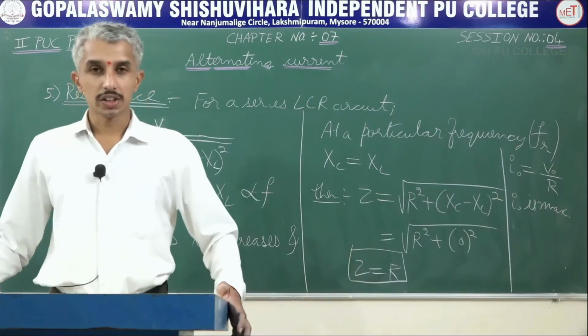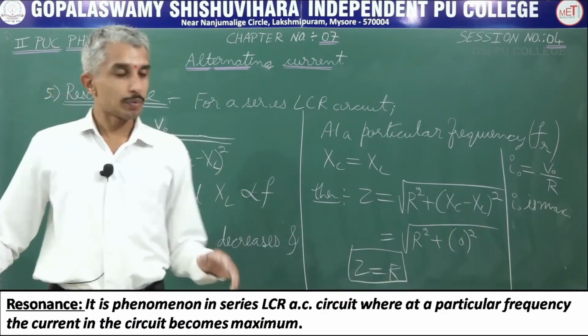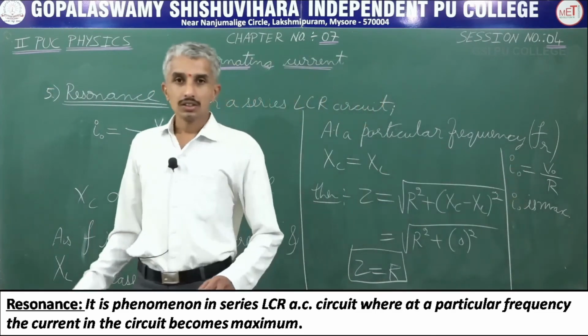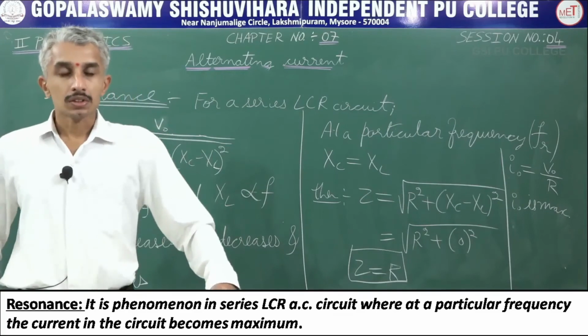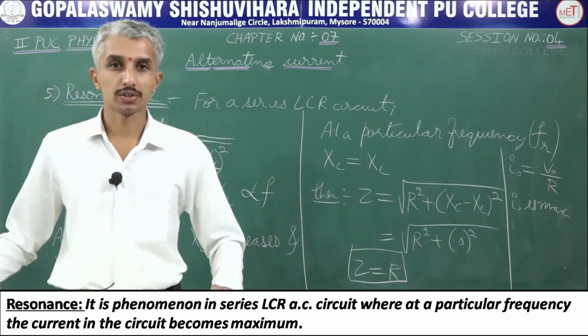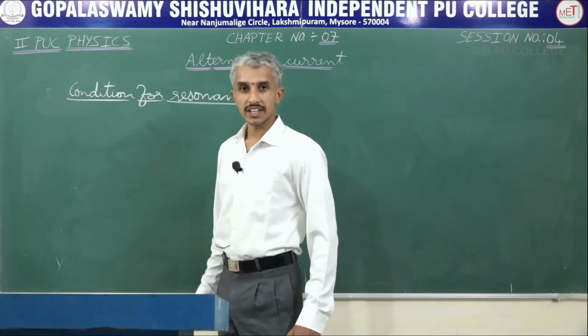So now I define resonance as a phenomenon in a series LCR circuit where at a particular frequency Fr, the current in the circuit becomes maximum. Let us proceed further. They may ask you, what is the condition for resonance in a series LCR circuit?